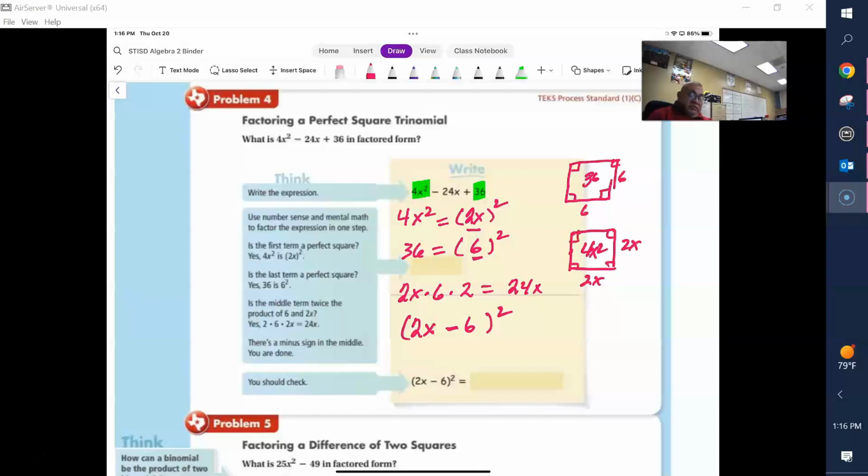So a perfect square trinomial, in this case it's 4x squared minus 24x plus 36, will have the same measurements on each side. Well, what are the measurements? It will be 2x minus 6, and this will be 2x minus 6. So when you multiply 2x minus 6 times 2x minus 6 itself, it's going to give you 2x minus 6 to the second power.